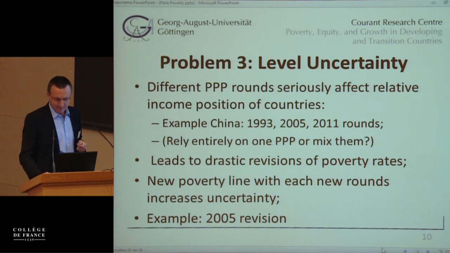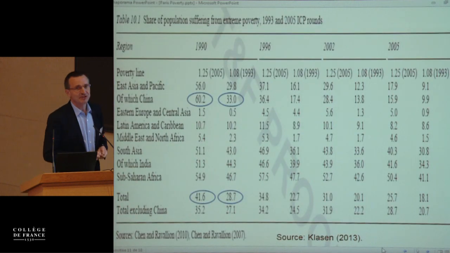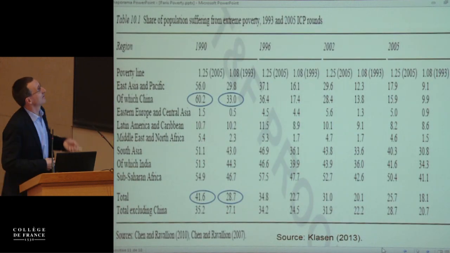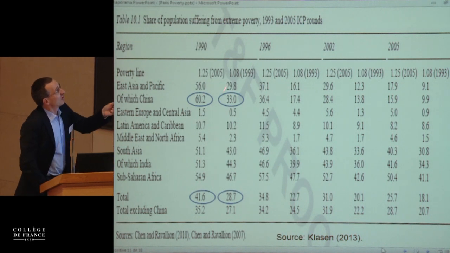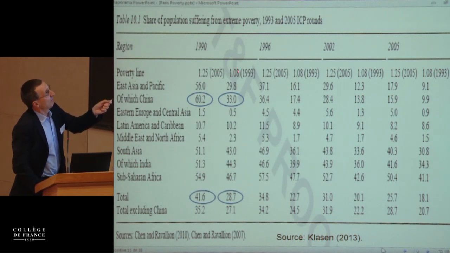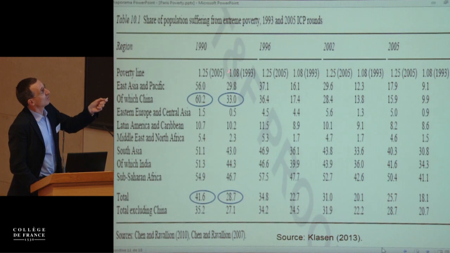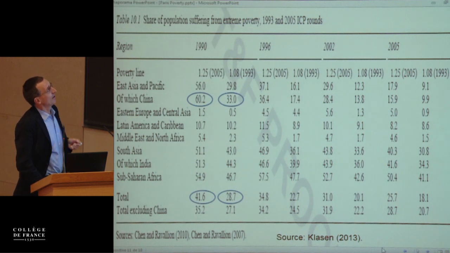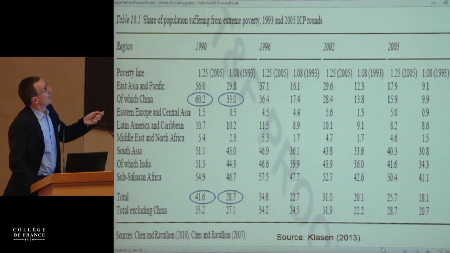Now, last time massive changes happened. Some of you in the room know very well about this. So remember when the change happened from $0.08 in 1993 dollars to $1.25 in 2005 dollars.